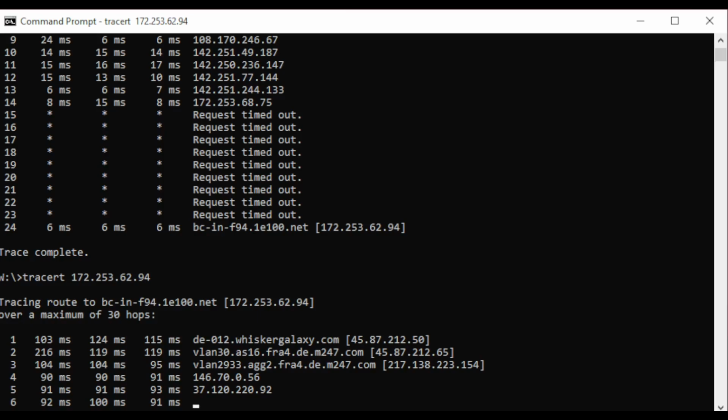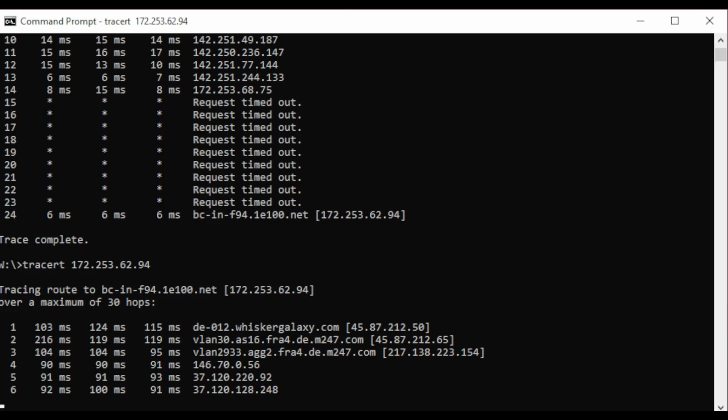What's happening is we have basically an encrypted tunnel for the VPN that goes from here to wherever that server is. And all of my data goes from me to that server, and then from that server it goes out to the World Wide Web.